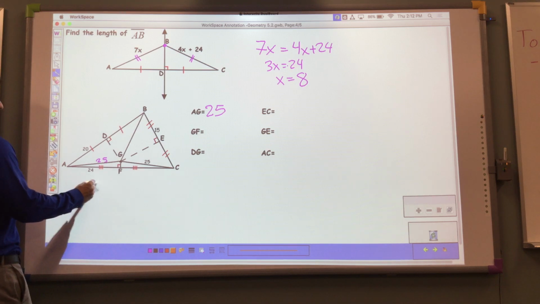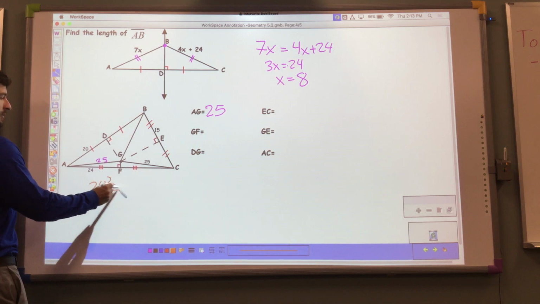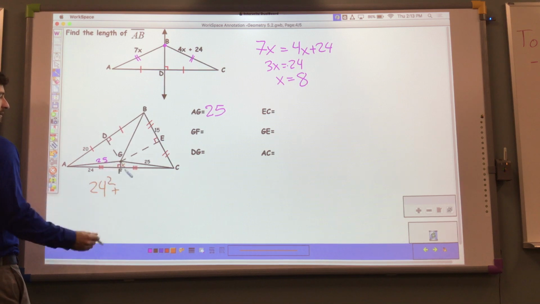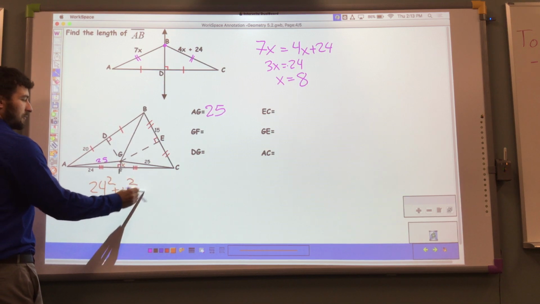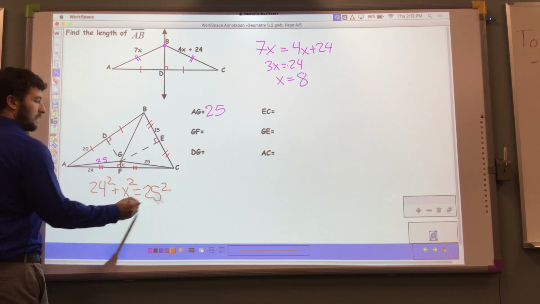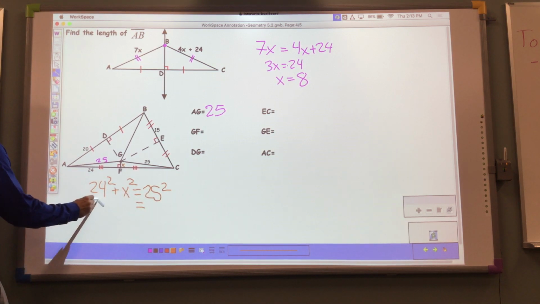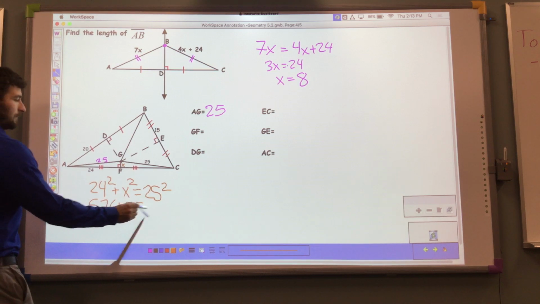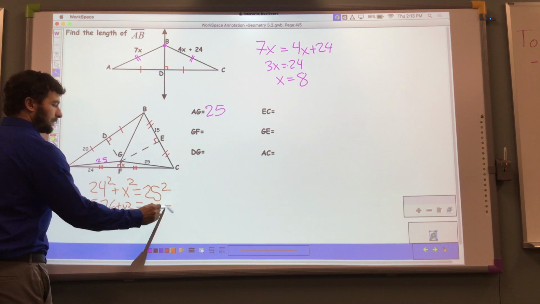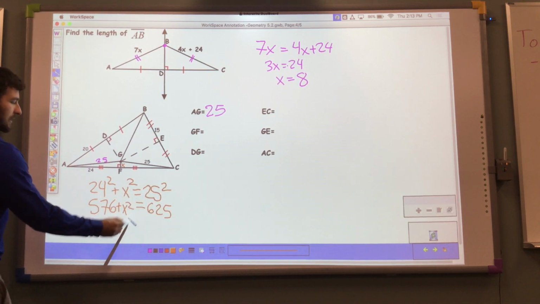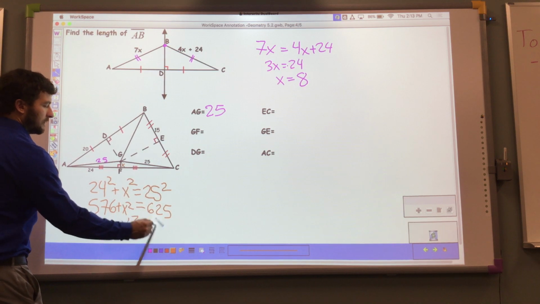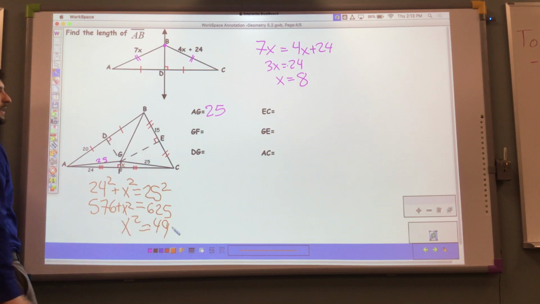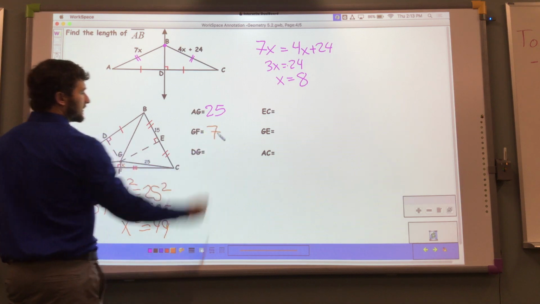So 24 squared plus, let's call that x, x squared equals 25 squared. So that means that 576 plus x squared is 625. Subtract, x squared would be 49. And square root of 49 is 7.